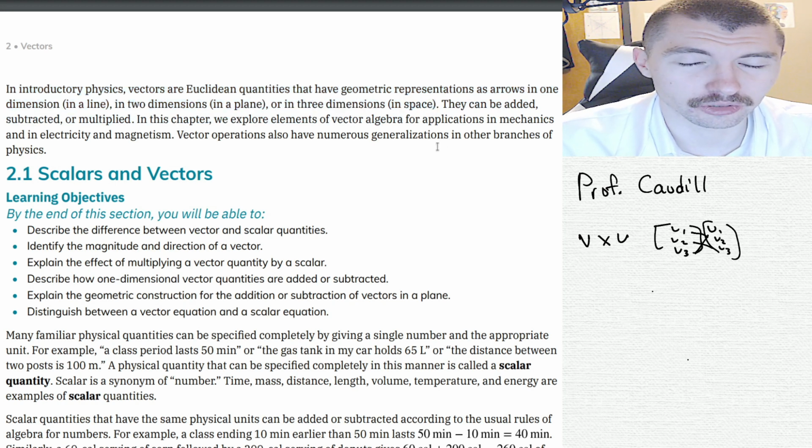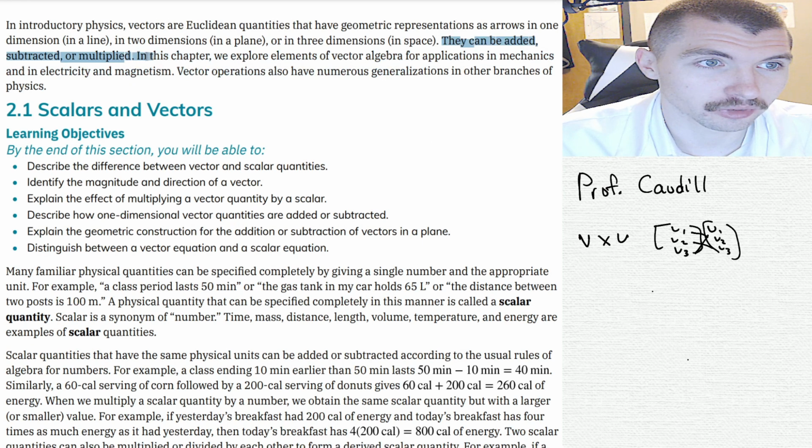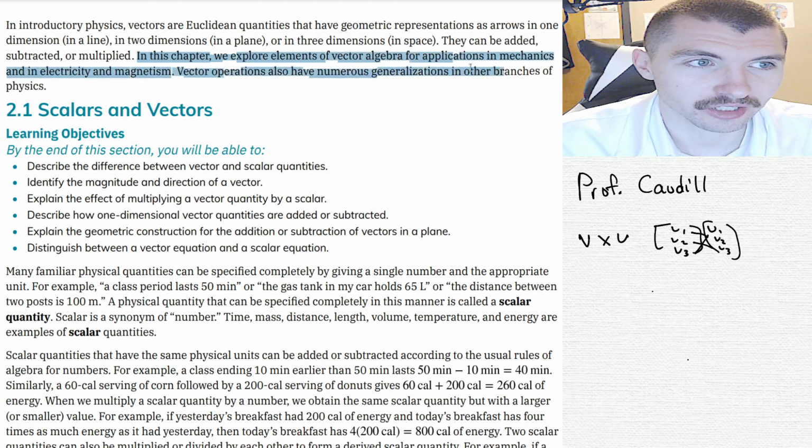So those are called analytical vectors, I'm pretty sure. They can be added, subtracted, or multiplied. In this chapter, we will explore elements of vector algebra for applications in mechanics, electricity, and magnetism.